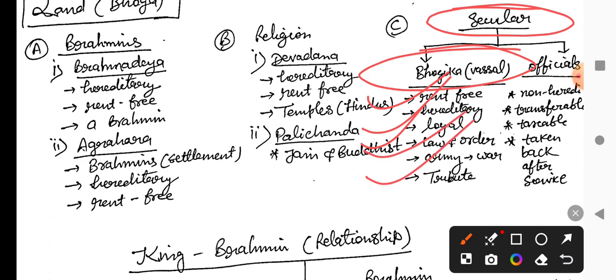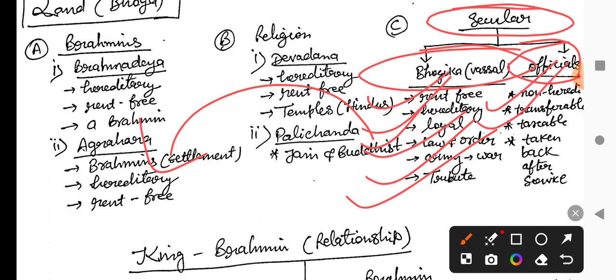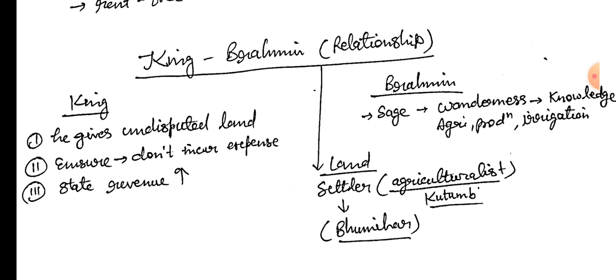An army is maintained only during war, and tribute is paid by these vassals to the state annually, okay. And when bhog is given to the officials who are given for service to the state, it was not hereditary, and that land was transferable and taxable, okay, and taken back after their service. So you need to remember this.